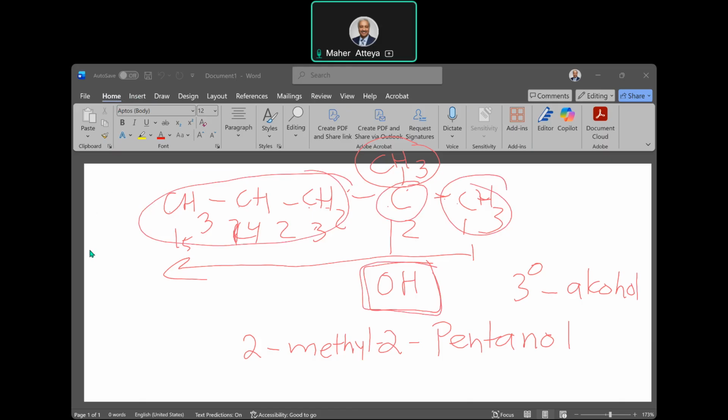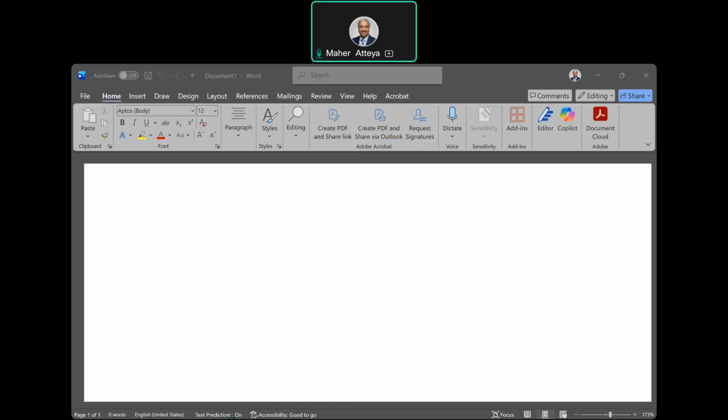Ethers are very unique in the sense that you always have 2 groups connected to oxygen. It's similar to OH and similar to alcohol, but here the groups are connected among themselves through oxygen.